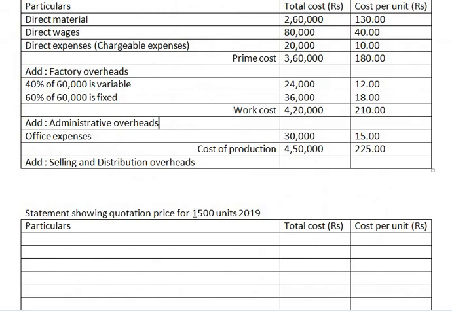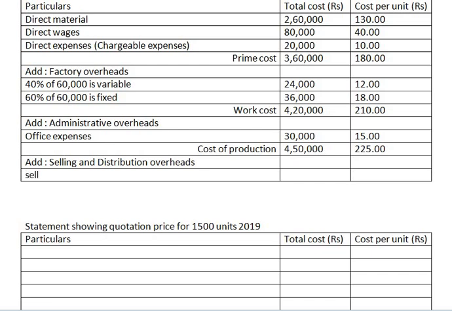Right? So again we will separate it and show marketing expenses. Marketing expenses 70% is fixed.